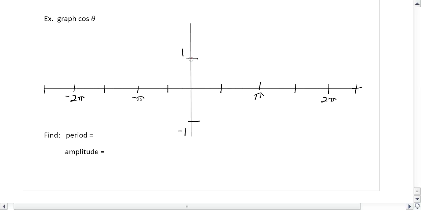Cosine of 0 is 1, so that's where we're going to start. Cosine of 90 is 0. Cosine of 180 is down here at -1. Cosine of 270, back at 0. Cosine of 360 is at 1 again. Going backwards, the pattern repeats itself.